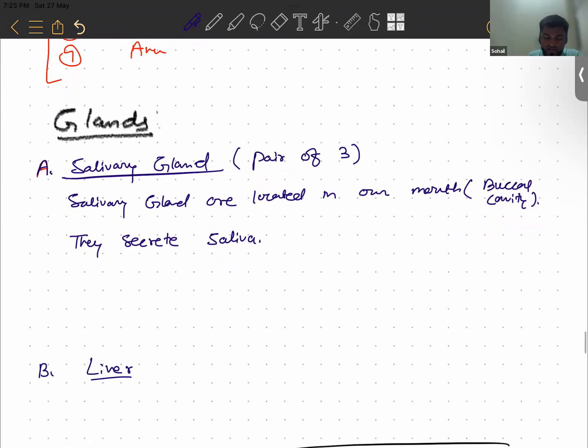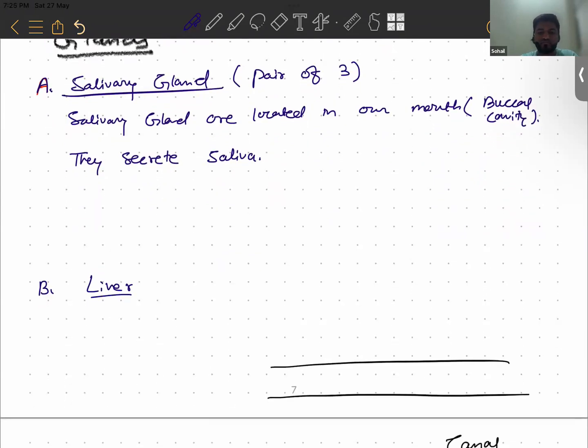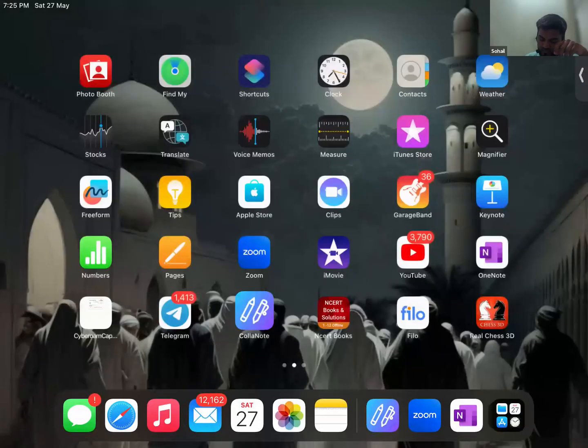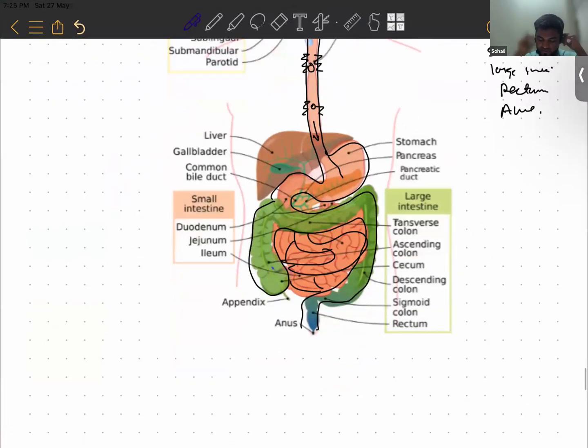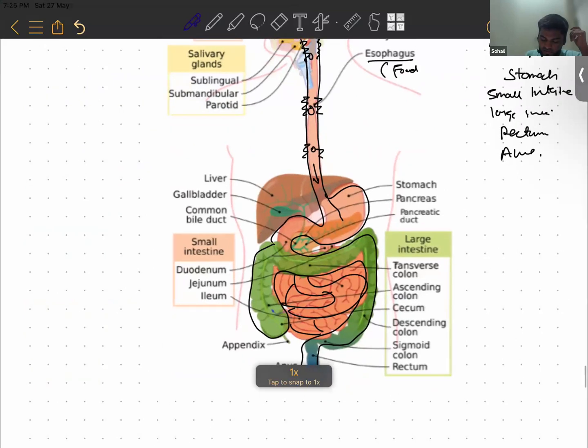What does the liver secrete? And where is it present? In the stomach, or above the stomach? No, above the stomach.